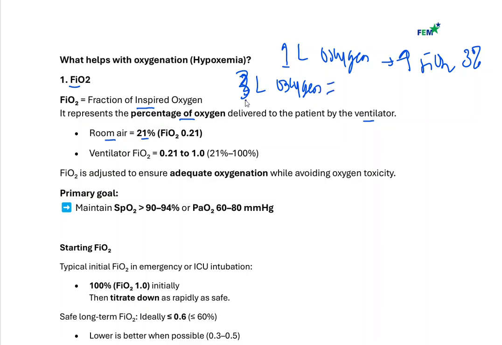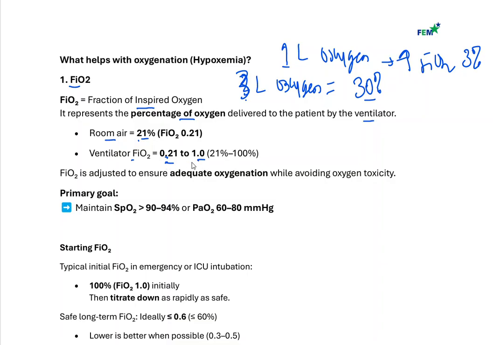That will be 3 times 3, that's 9. And 9 plus 21 is going to be what? 30. So their new FiO₂ will be 30%, guys. But on the ventilator, we can do between 21%, in other words what they have on room air, to 100%.